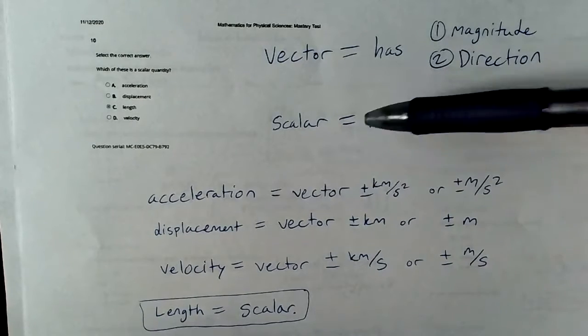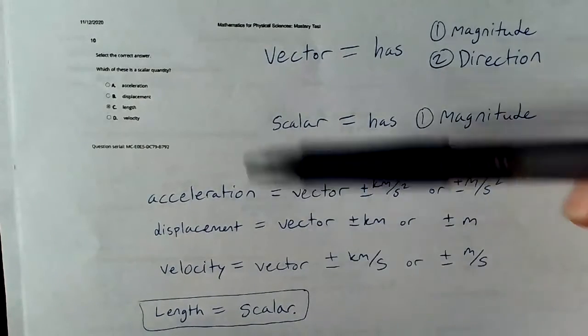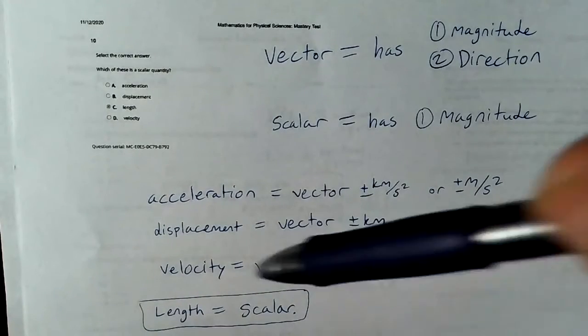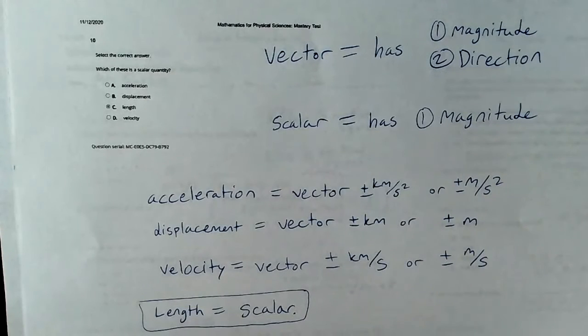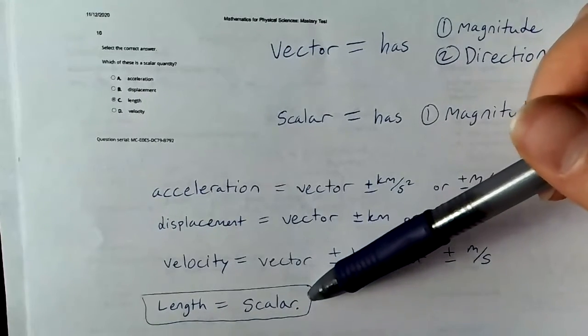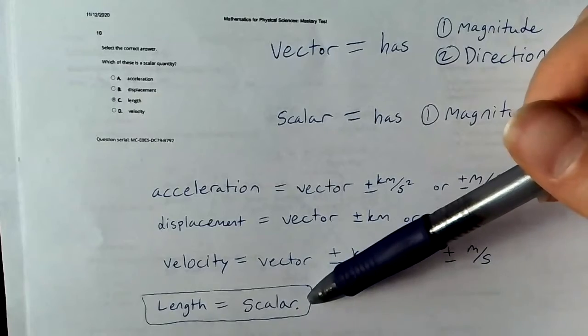So we know acceleration is a vector, displacement is a vector, velocity is a vector, length is scalar. Whenever we refer to length, we don't say something like negative 30 inches long, right? It doesn't make sense. It's always a positive measurement. So that is a scalar quantity. There's no direction with length.